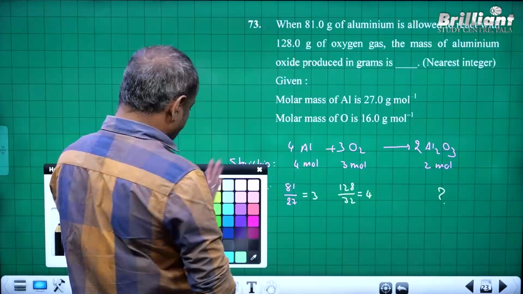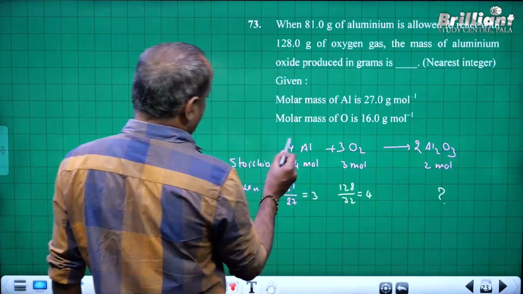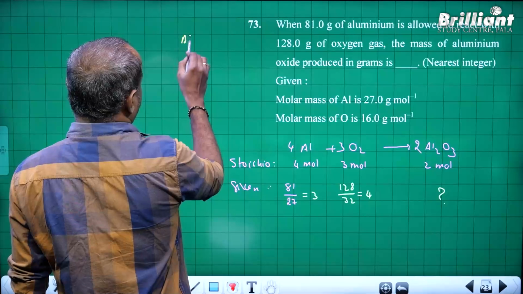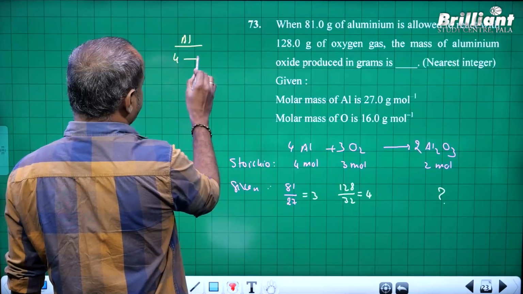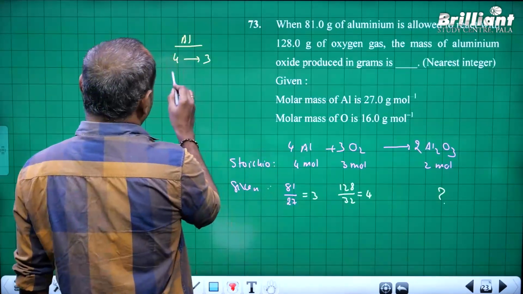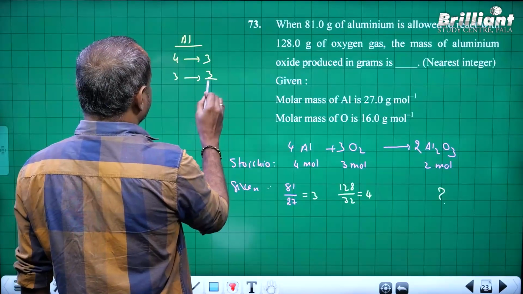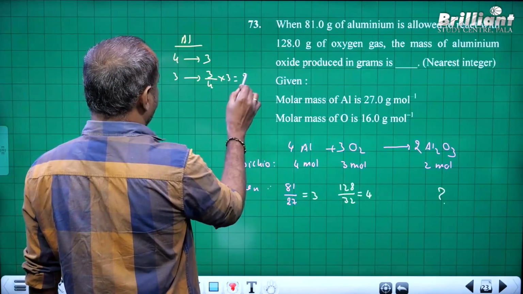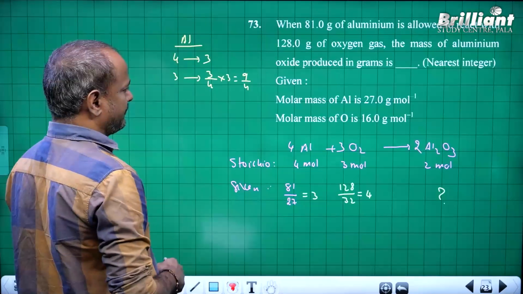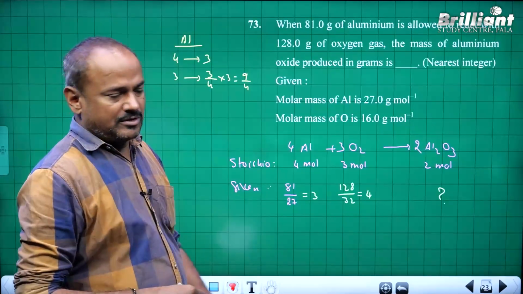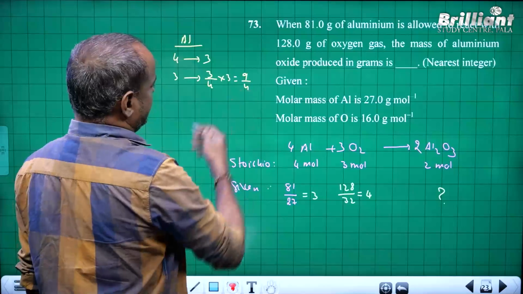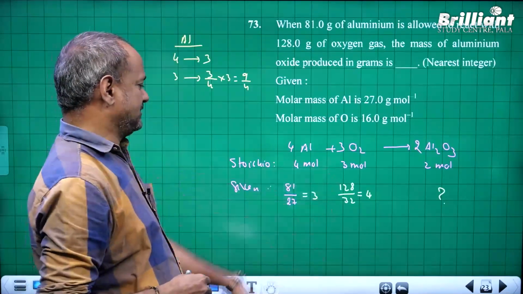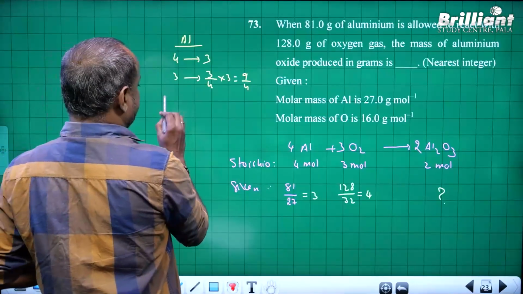You can take any one of them for verification. Suppose aluminium is taken: 4 moles with 3 moles, then 3 moles with 3 by 4 into 3, 9 by 4 moles. Possible. 9 by 4 means nearly 2.1 moles. Possible. But take oxygen as the base.